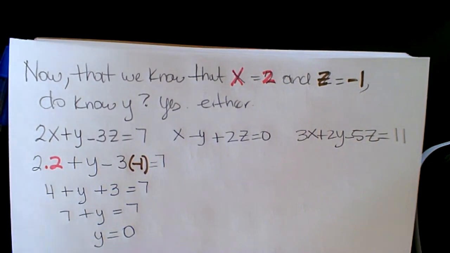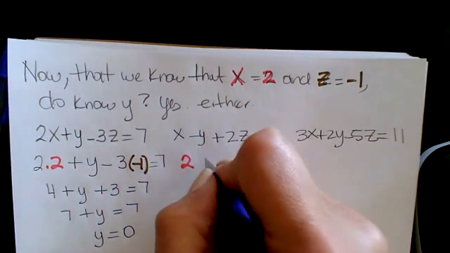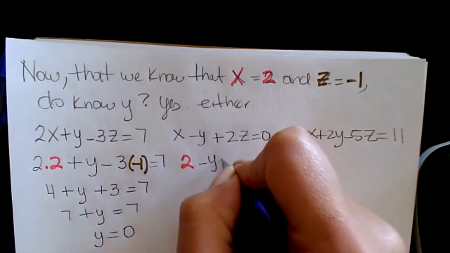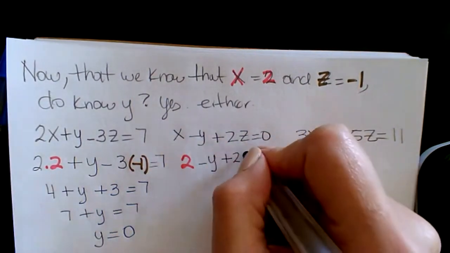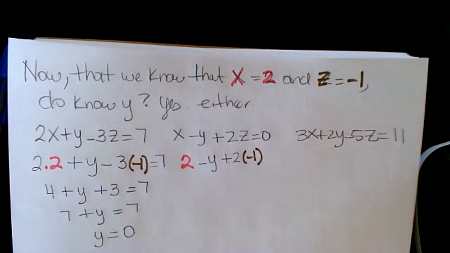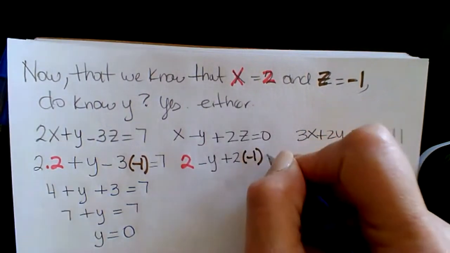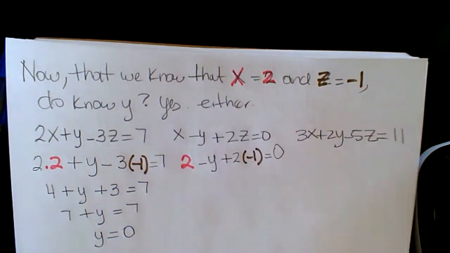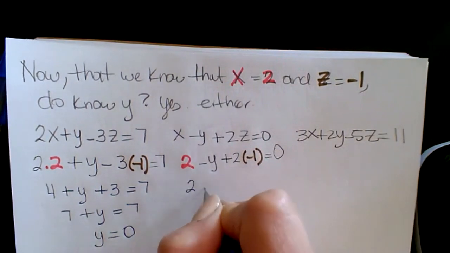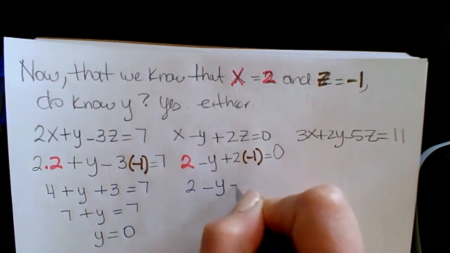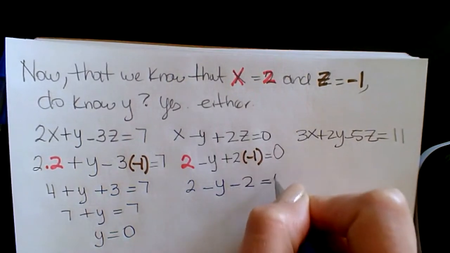Now let's do this one. This is 2. I don't have y. And this is -1 equal to 0. So this is going to be 2 minus y minus 2 equal to 0.